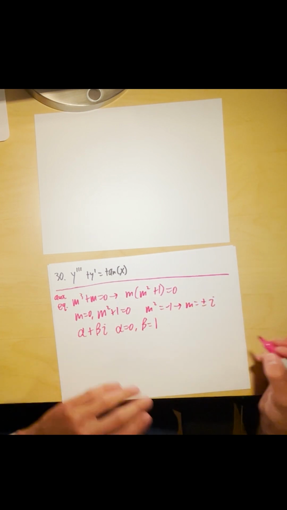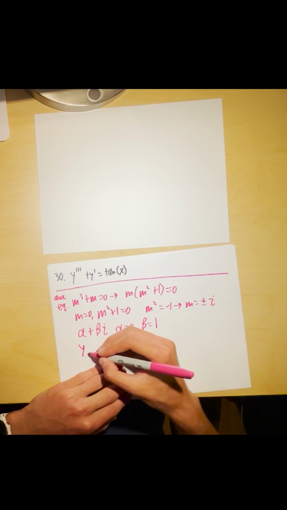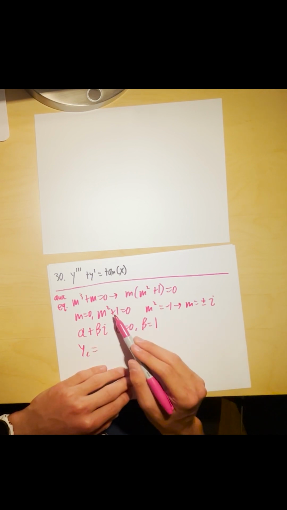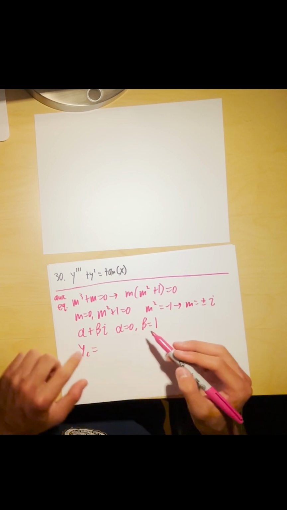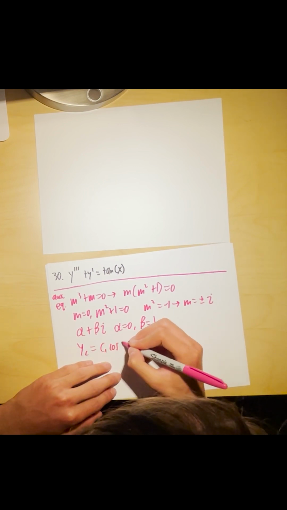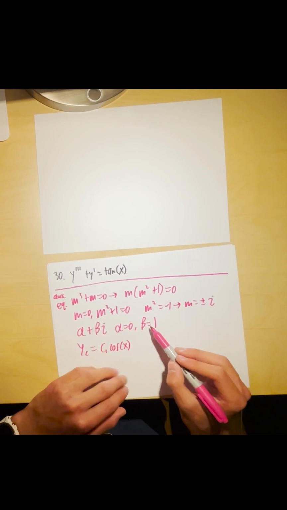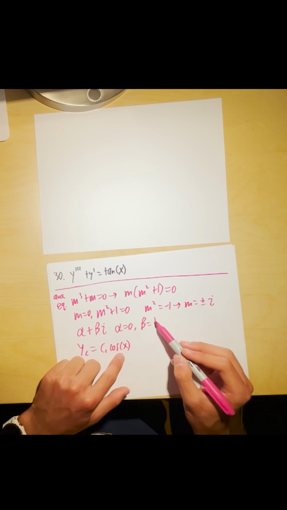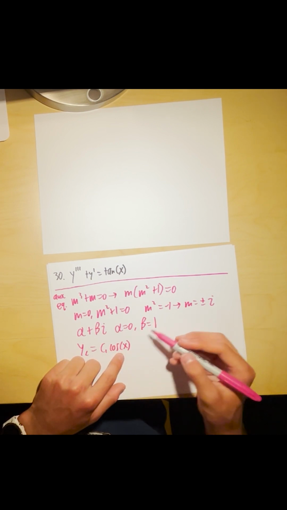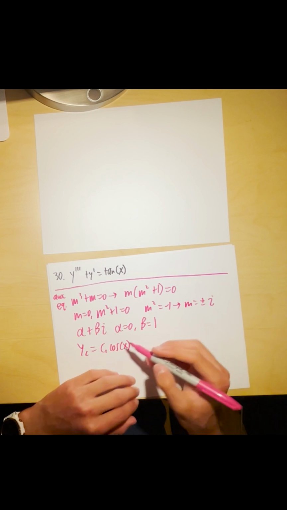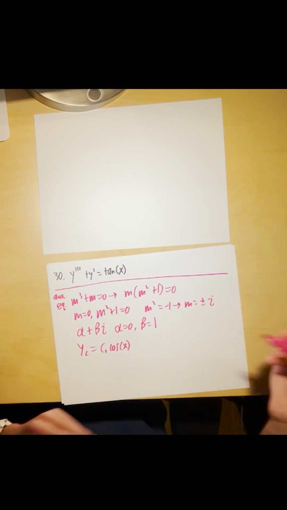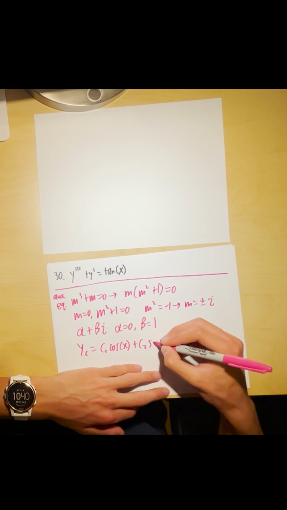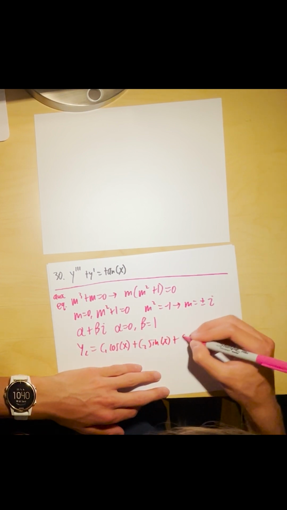So now when we're making the complementary solution, we'll do c1 cosine of x, because it would be cosine of beta x, and beta is 1. And there's an e to the alpha x in front. Alpha is 0, so that's just 1. And then plus c2 sine of x plus c3.